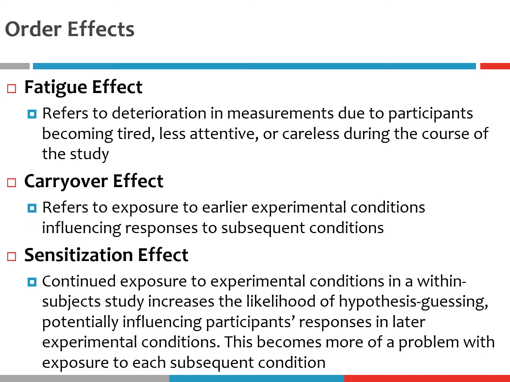In that case, you have to give it in different orders, because if they get the coffee first, that caffeine surge is going to last through the other conditions. It's going to interfere with the conditions that follow it. That's a carryover effect. So for any kind of substance, drug, or physiological manipulation, don't run it as within groups. Those studies are best run as between subjects or between groups.